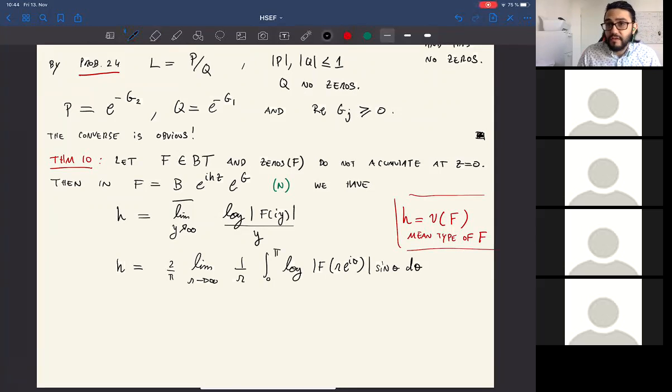So whenever you have a function of bounded type, then you have a mean type associated with it.